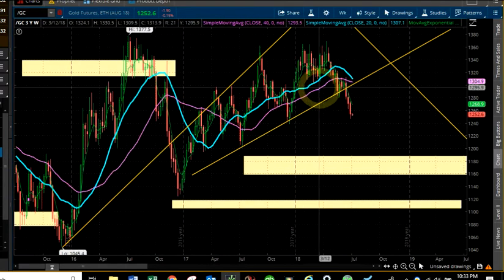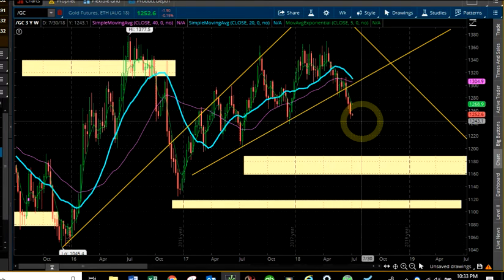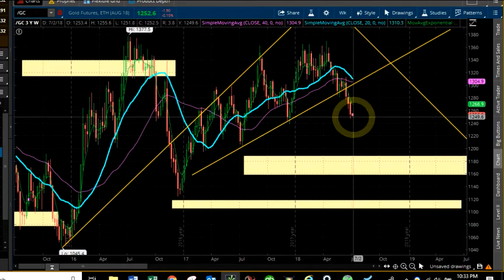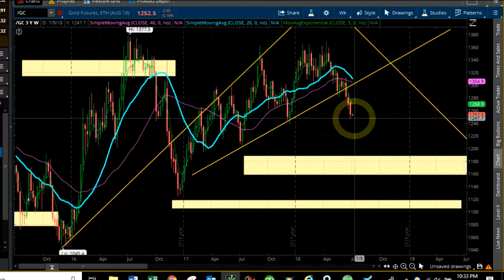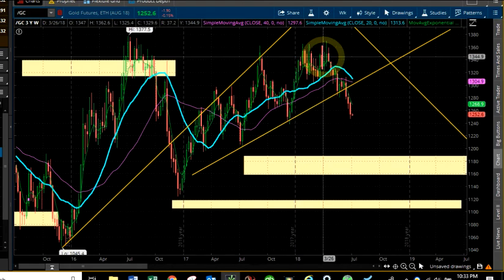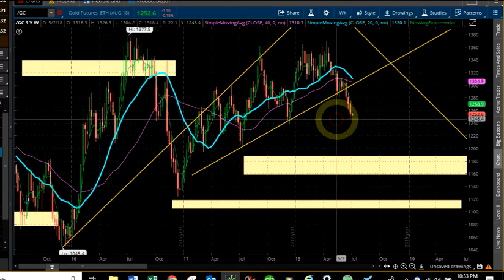All right, this is gold. You can see gold is pulling back. Now, the commitment of traders data is very, very bearish on gold, so this should be ending soon. Now, it may end just below here somewhere. In fact, let's put a little line there just to test ourselves.